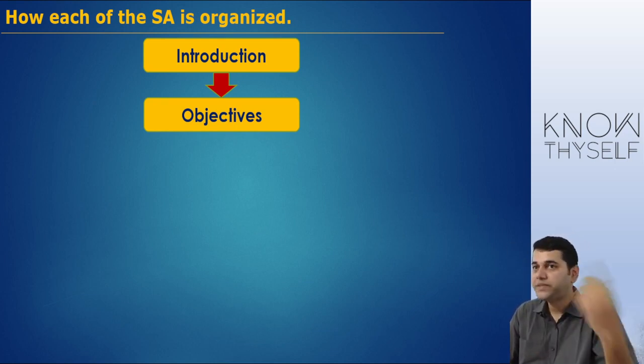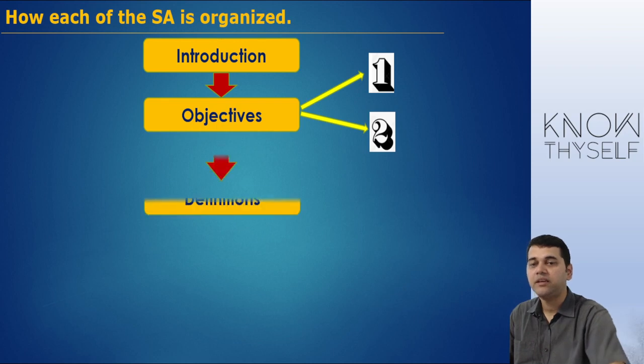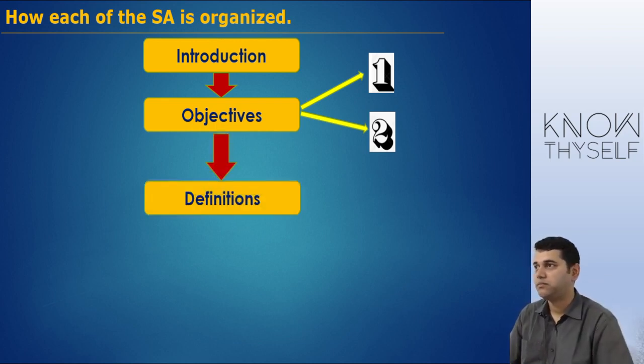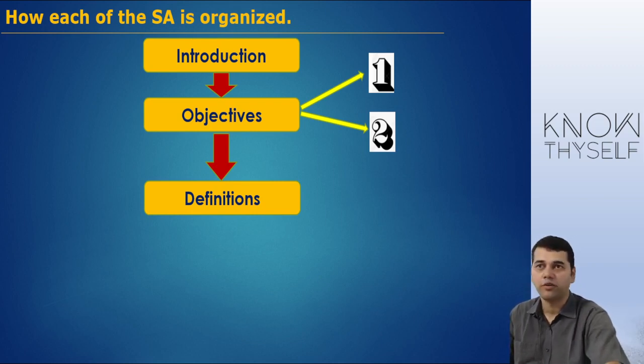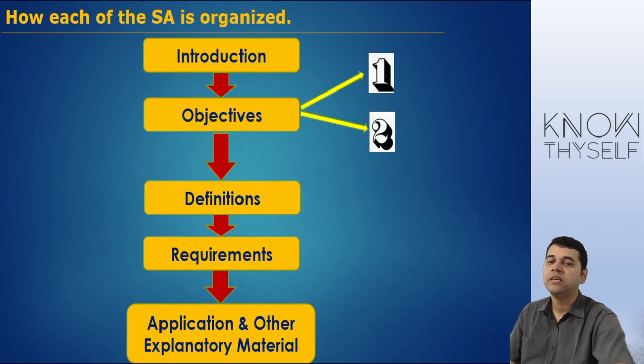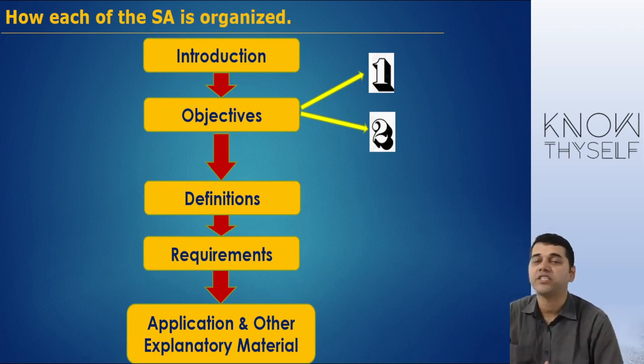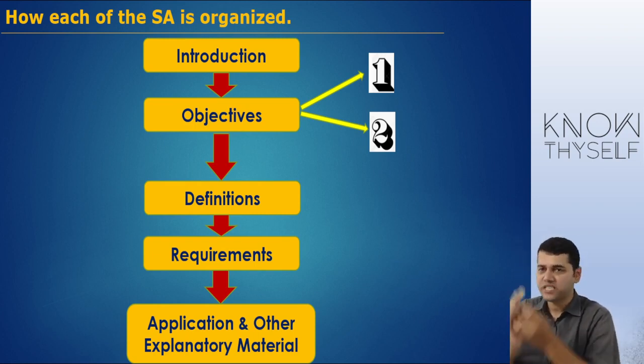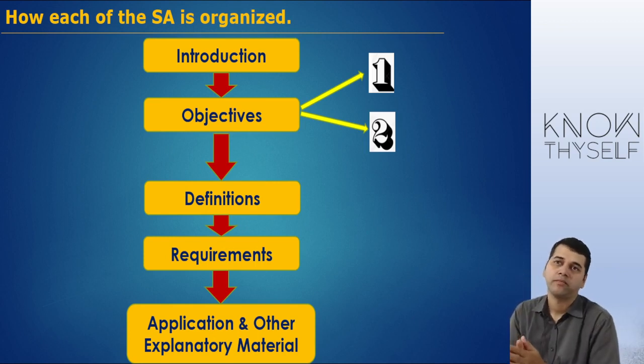Why? Because objectives are going to guide me to the requirements, my procedures. Then I have definitions. No questions have come on the definitions. You can straight away leave them, but understand some of the definitions. Then there are requirements, application and other explanatory material. Every single standard will go in this particular format.